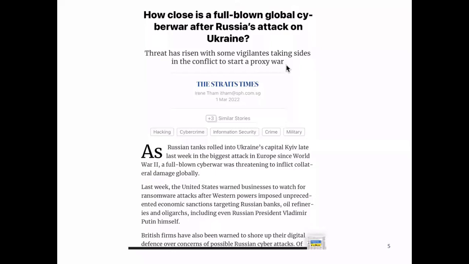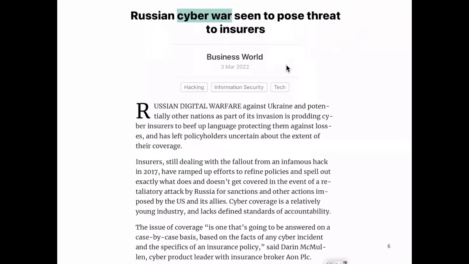Today I just browsed through the newspaper and could find a few interesting stories, and you will find hundreds of these. A lot of things that hackers, either in Russia or Ukraine, can pose as problems to other countries all across the world. There's another one saying this war is seen as a threat to insurers in a certain way.